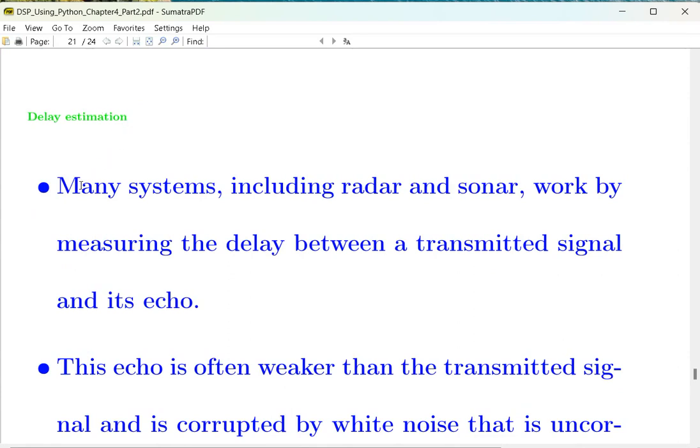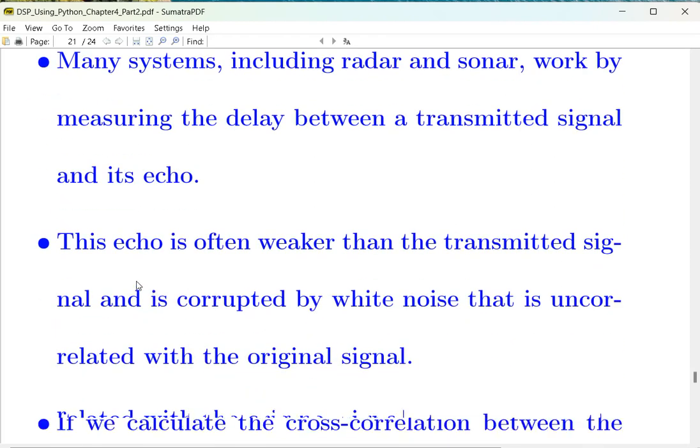Delay estimation. Many systems, including radar and sonar, work by measuring the delay between a transmitted signal and its echo. This echo is often weaker than the transmitted signal and is corrupted by white noise that is uncorrelated with the original signal.